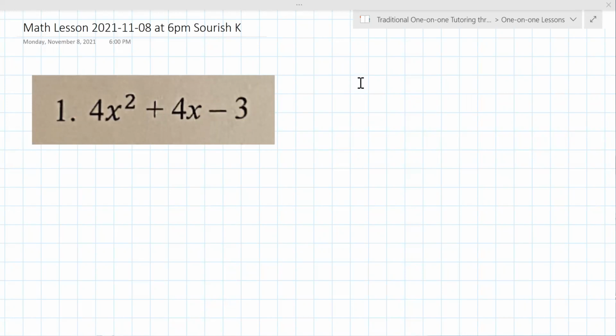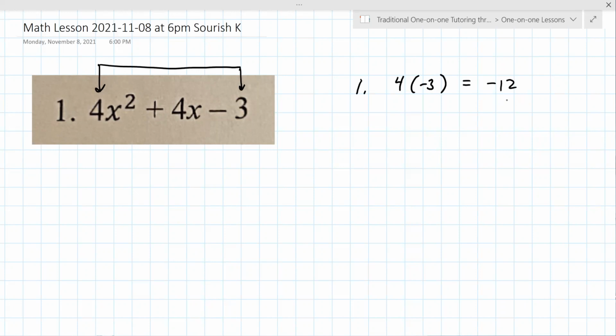So the very first thing you do here is you're going to multiply 4 times -3. You take these two numbers right here and you multiply them together. So that's, what is that? All right, I got -12, right? Do you have that down? Okay.